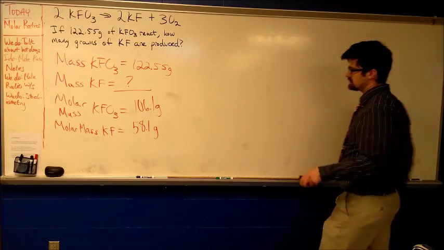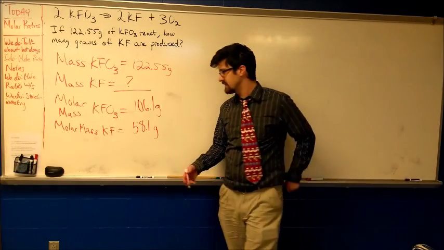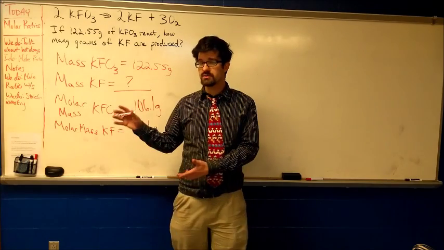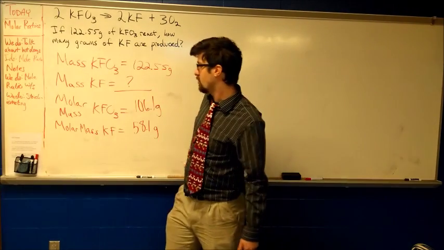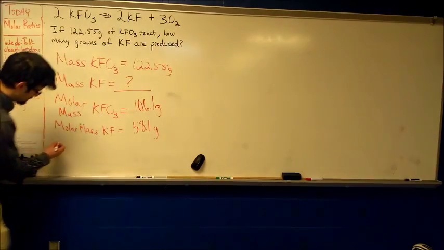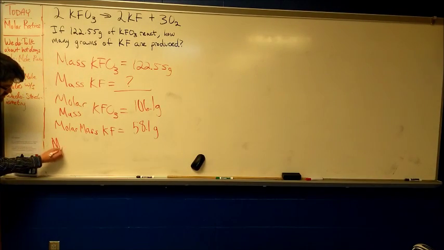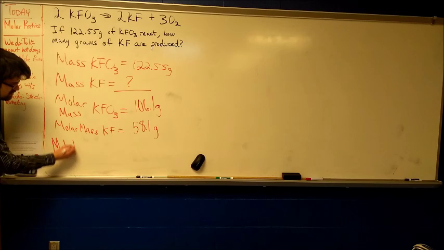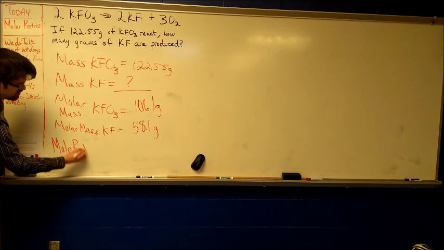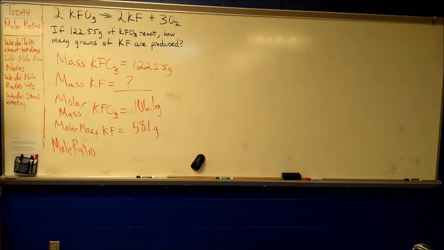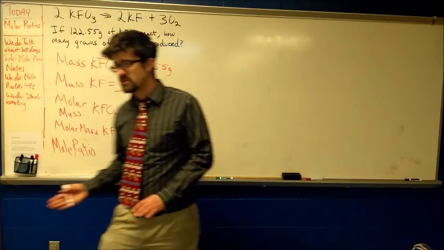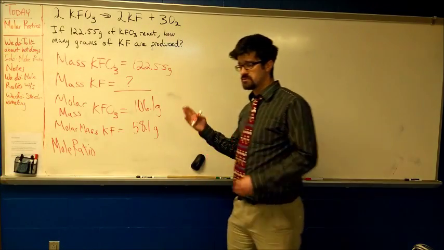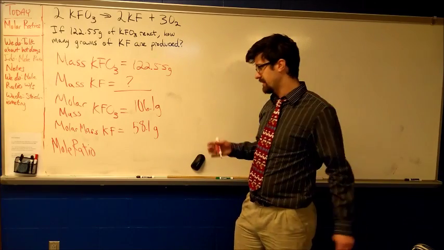Next, the last thing that we need to gather before we do the problem is the mole ratio. On your paper I have it set up so you already know which one should be on top and which one should be on bottom.